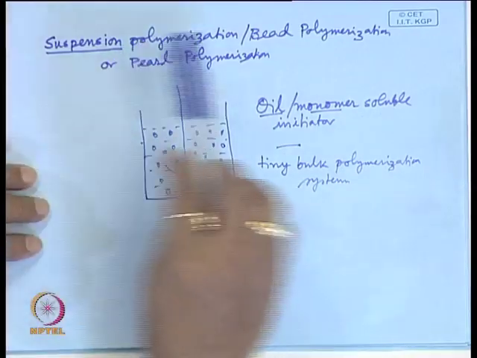We do not have any problem to accept this hypothesis. Monomer remains dissolved in the suspended monomer droplet. Clear? Monomer remains soluble in the suspended monomer droplet, not in the water phase.